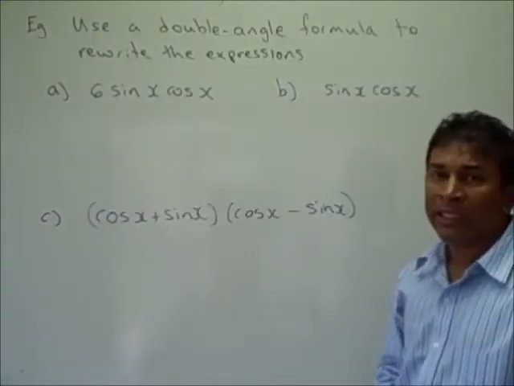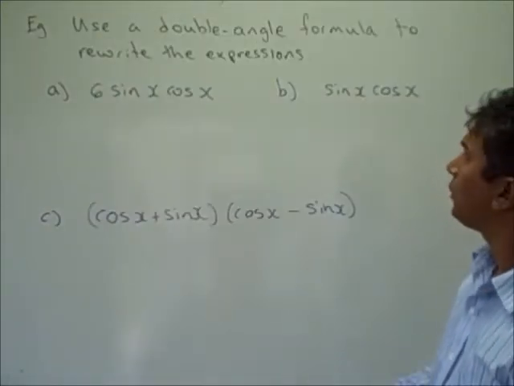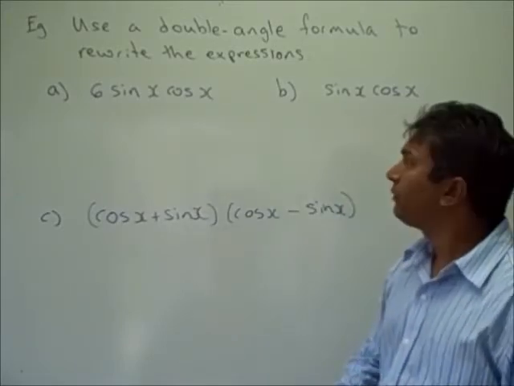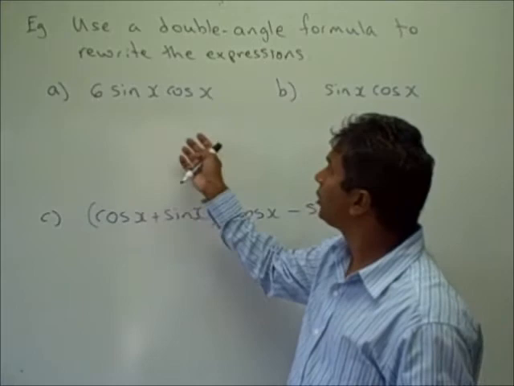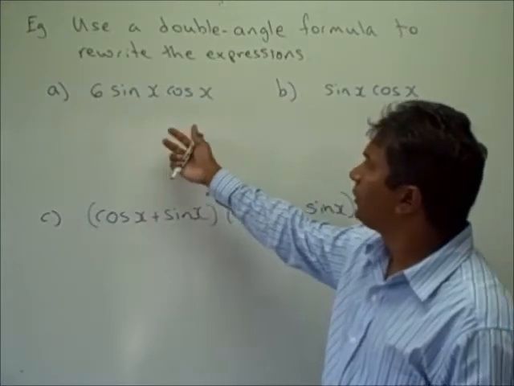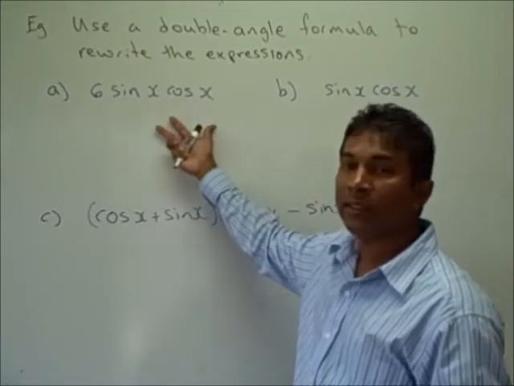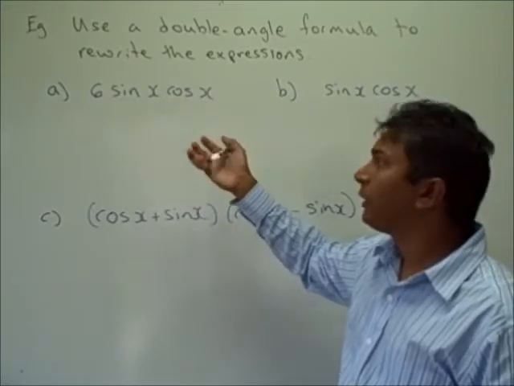Here we'll be using our double angle identities to rewrite the following trigonometric expressions. The first one we have is 6 sine x times cosine x. Since here we have sine x times cosine x, we could possibly rewrite this as sine of 2x.